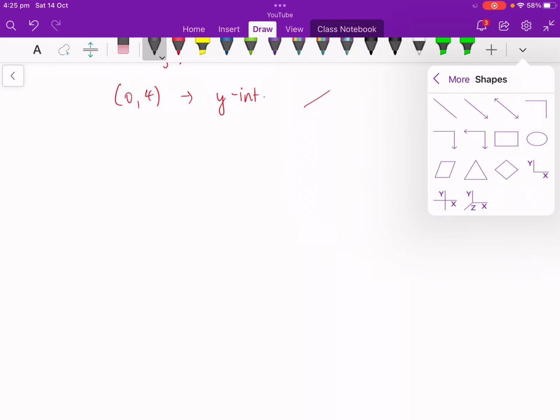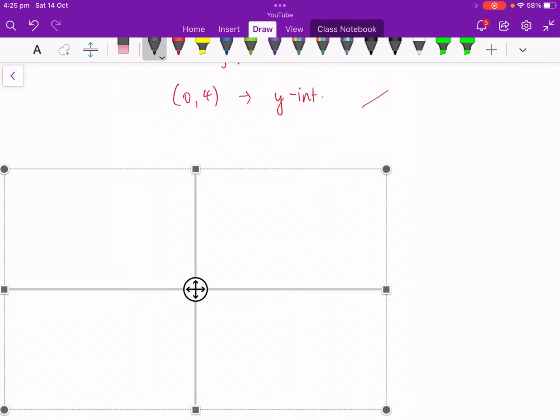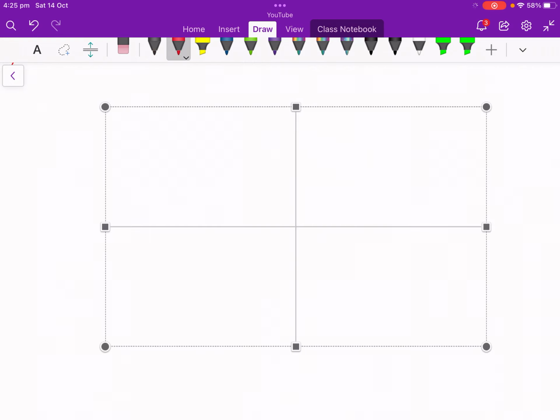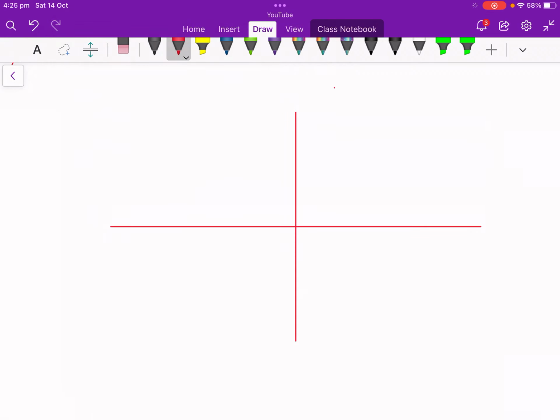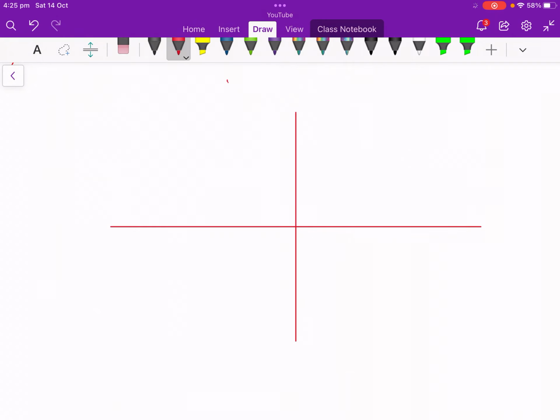So I'm going to just cheat here a little bit and actually sketch our little axes here. I'm going to make it red. I'm also going to make my pen a bit thicker. Okay, so we talked about how -3 and 1 had our turning points.